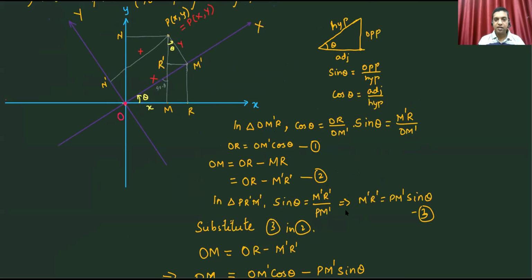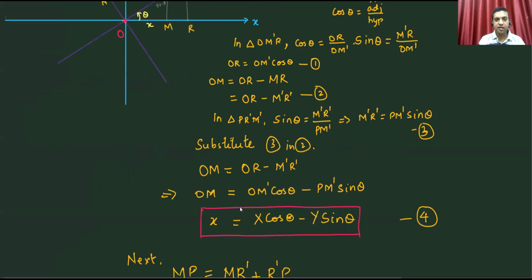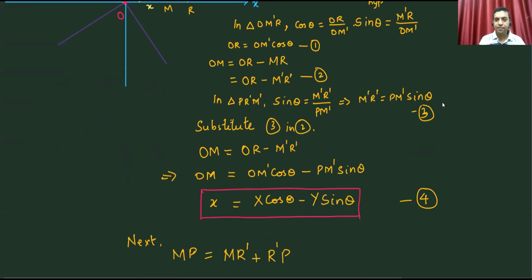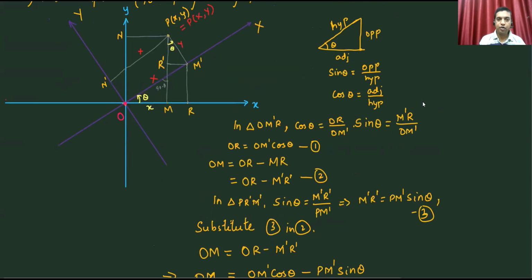And here, similarly, in this triangle P R dash M dash, sin theta is this, and cos theta will be the other way. What will be cos theta? In this one, cos theta is P R dash upon P M dash.